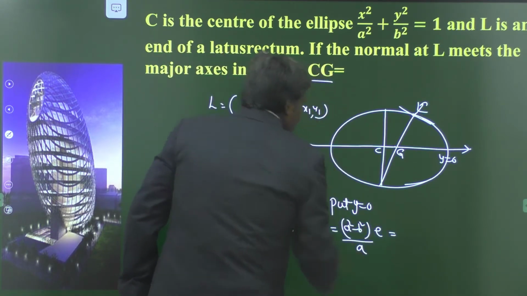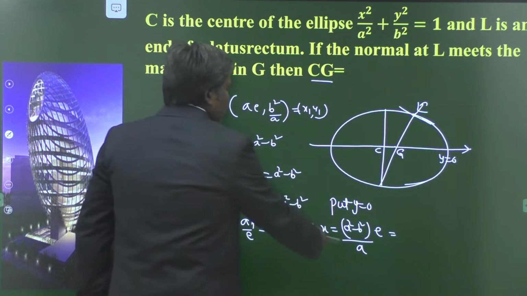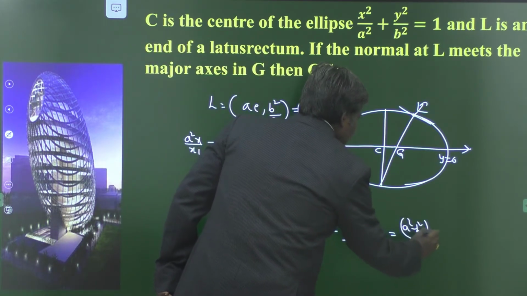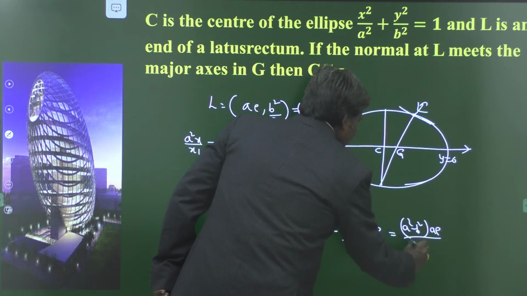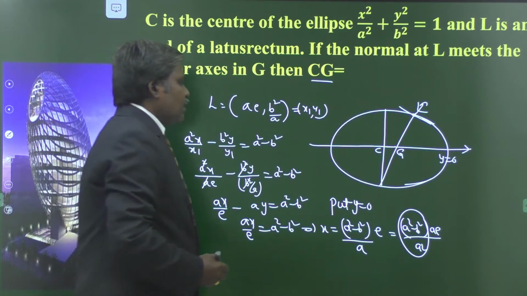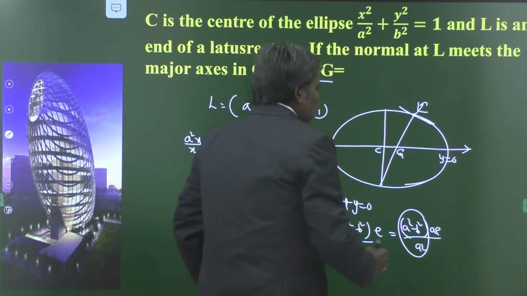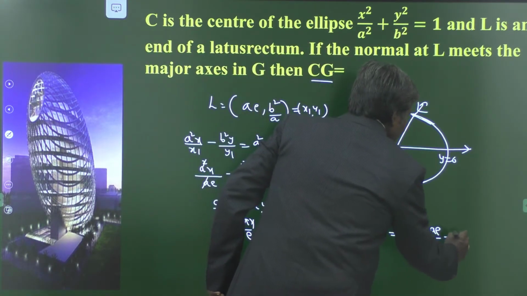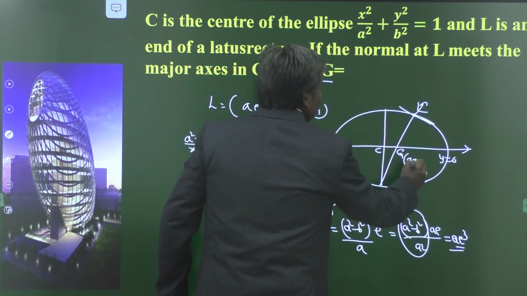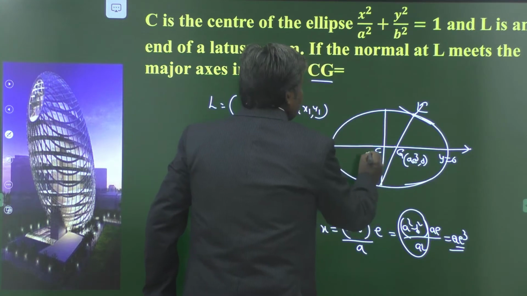Now multiplying numerator and denominator with a, we get a square minus b square into ae by a square. What is a square minus b square by a square? E square. E square into e, that is ae cube. So the coordinates of G are ae cube comma 0.